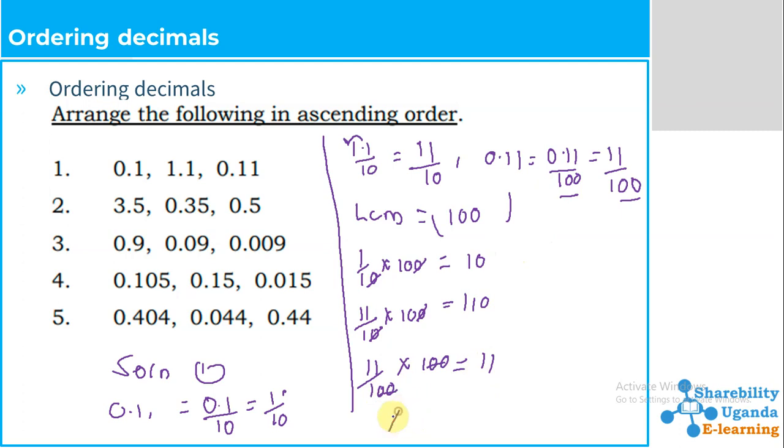Now we can tell and arrange these in ascending order. In ascending order, our 0.1 is the smallest.